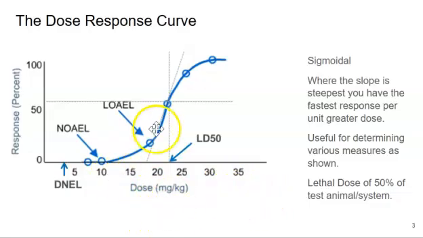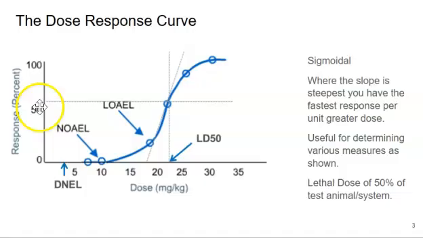This curve tends to be sigmoidal or S-shaped. Where the slope is the steepest, you will have the fastest or the greatest response for every amount of increase in the dose. These curves are really useful for determining a lot of various measures. So for example, determining the lethal dose of 50% of the test animal or test system, right?